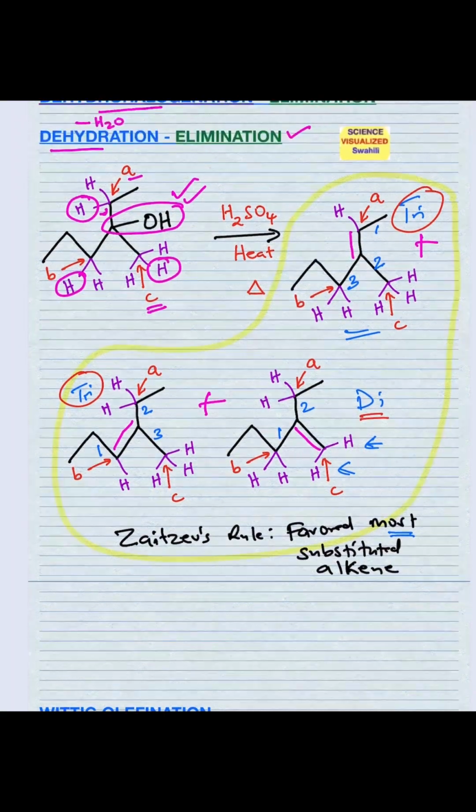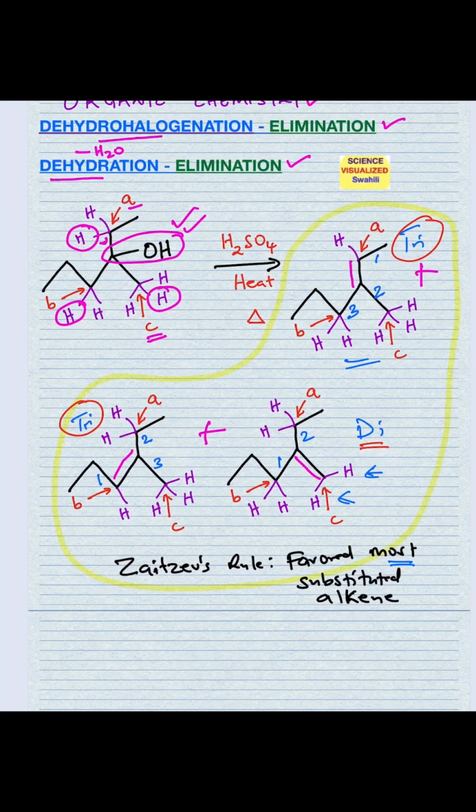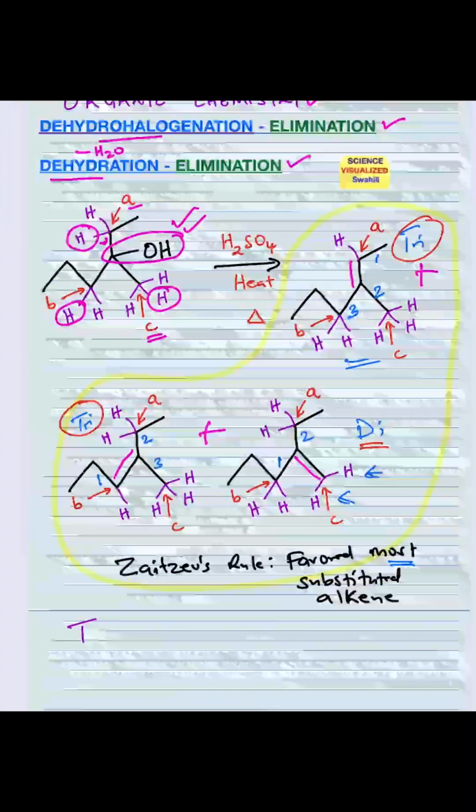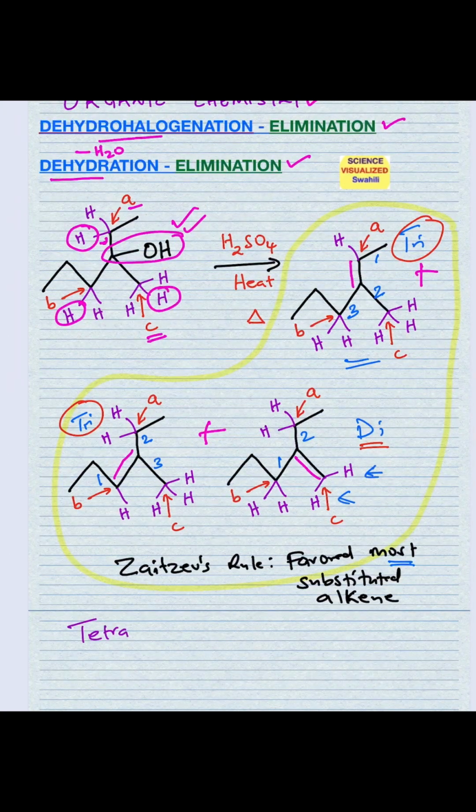And actually the order of stability is you start with tetra-substituted, which has 4 groups around the double bond, 1, 2, 3, and 4. And then that's more stable than tri-substituted, 1, 2, and 3, which is more stable than di-substituted.